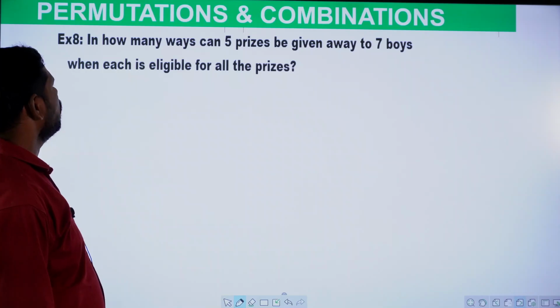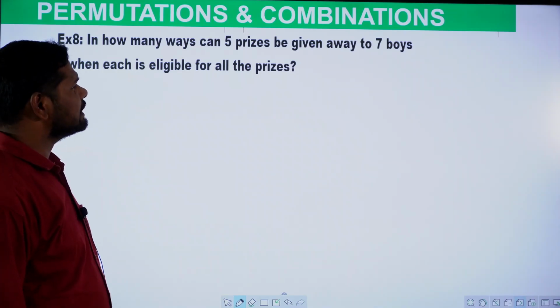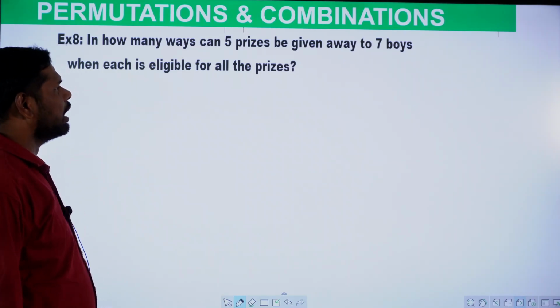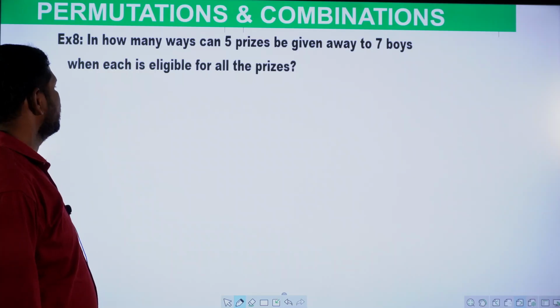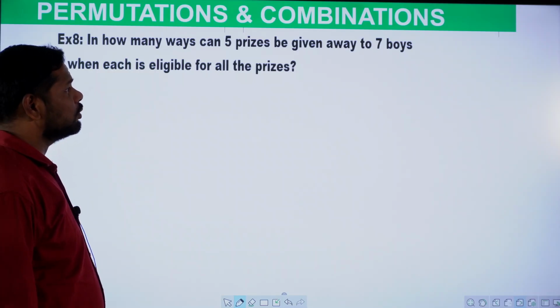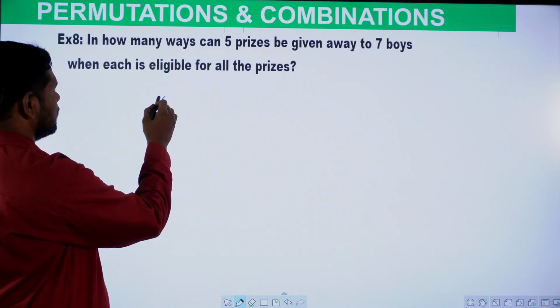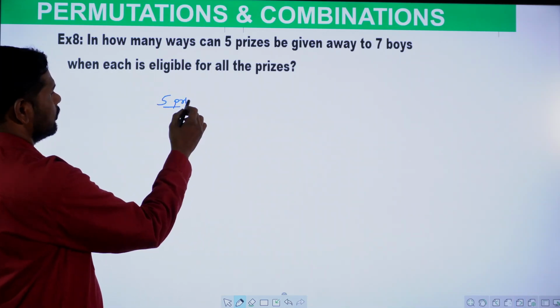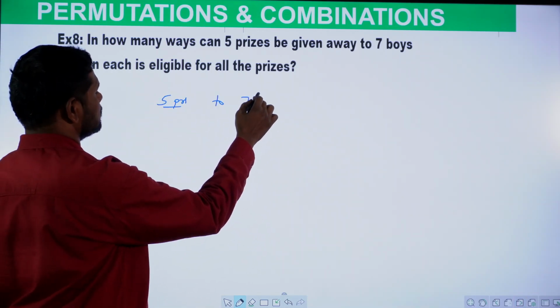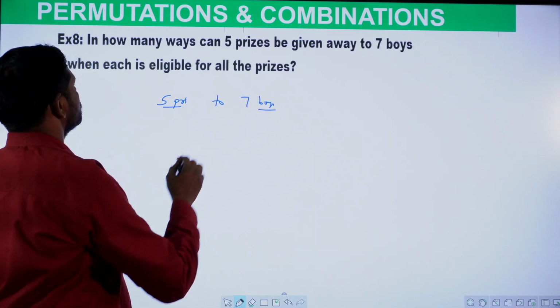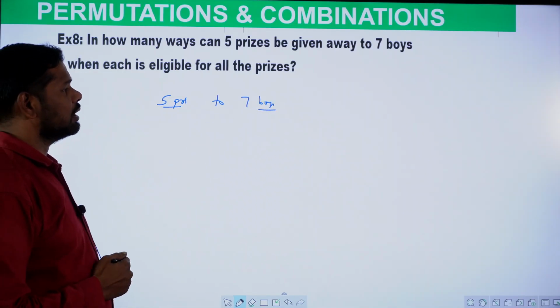Next, in how many ways can 5 prizes be given away to 7 boys when each is eligible for all the prizes? So 5 prizes are there to 7 boys. So each is eligible for all the prizes.